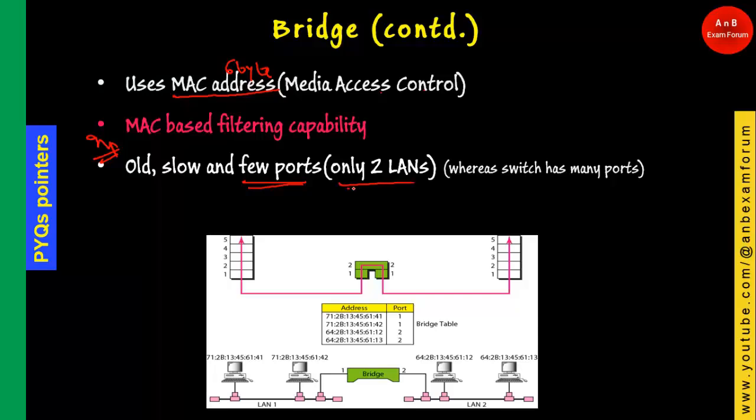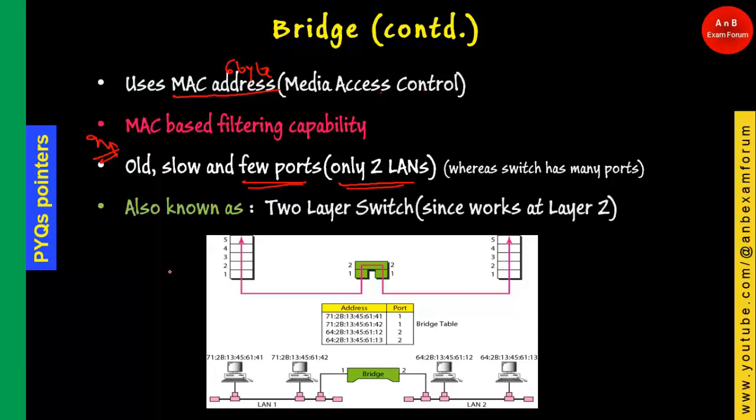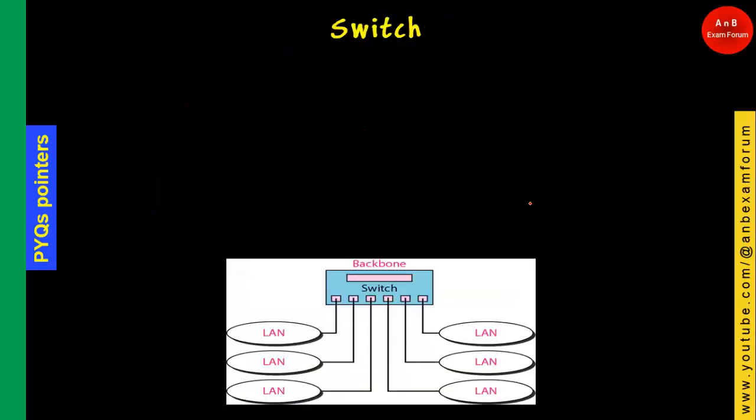So a bridge can connect only 2 LANs, whereas a switch has multiple ports, so a switch can connect many LANs using that device. This is the primary difference between the bridge and the switch. It is also known as a layer 2 switch since it works at layer 2.